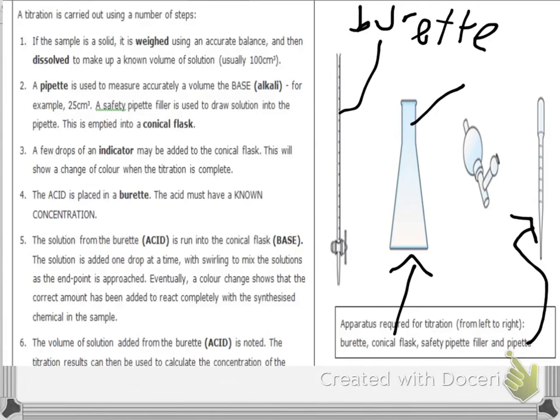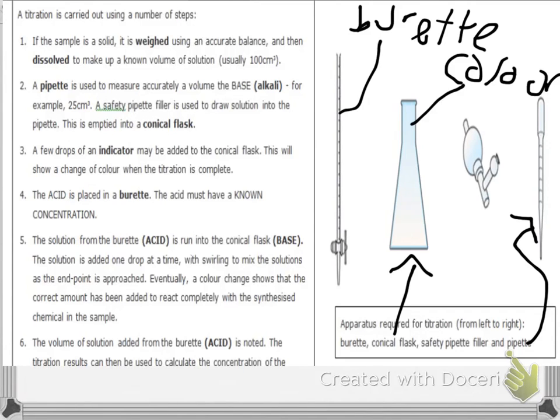So depending on the indicator that we use, we'd get a colour, to indicate that it had a pH of above 7. And then we'd add enough acid to actually get the indicator to change colour, to indicate that it had gone from an alkali to a neutral solution. Okay, so a few steps to do this.